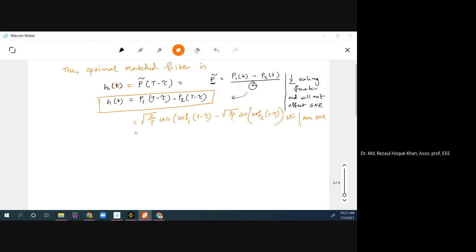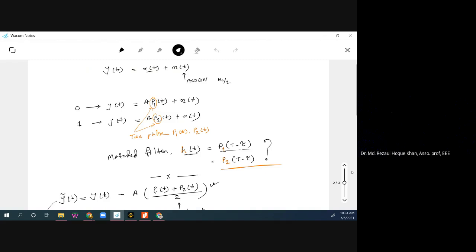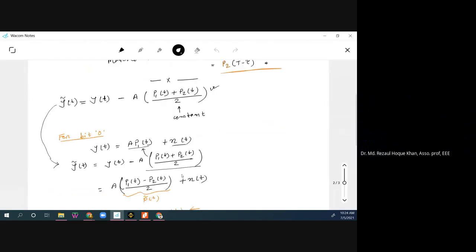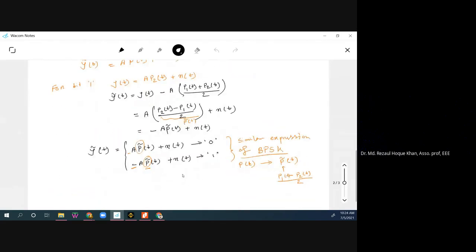So what will be the output y t? Because you see, we tricked a little bit. So far we have been dealing with y tilde t. Now let's see what the actual output y t is.